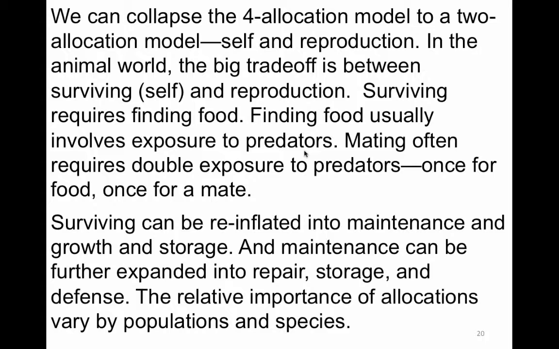Surviving can be expanded into maintenance, growth, and storage. And maintenance can be further expanded into repair, storage, and defense. The relative importance of allocations varies by populations and species.